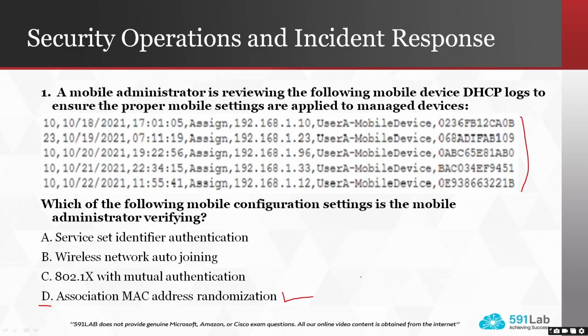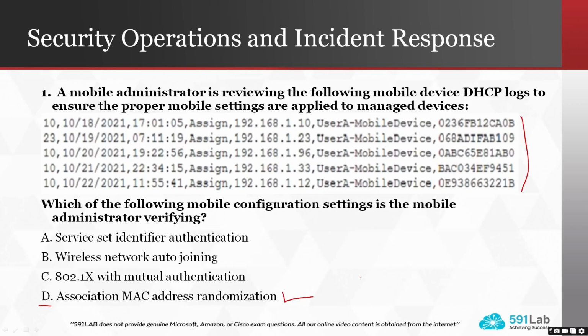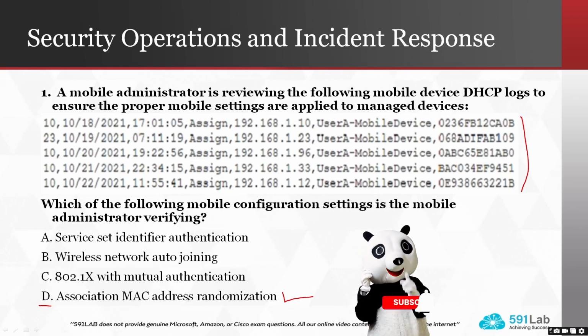Before directly diving into our question, let me give you a quick overview of what DHCP logs are. DHCP is the Dynamic Host Configuration Protocol, a network protocol that automatically assigns IP addresses to devices on a network. DHCP logs record information about this assignment, including the timestamp, assigned IP addresses, the client device name if provided, and also the MAC address.